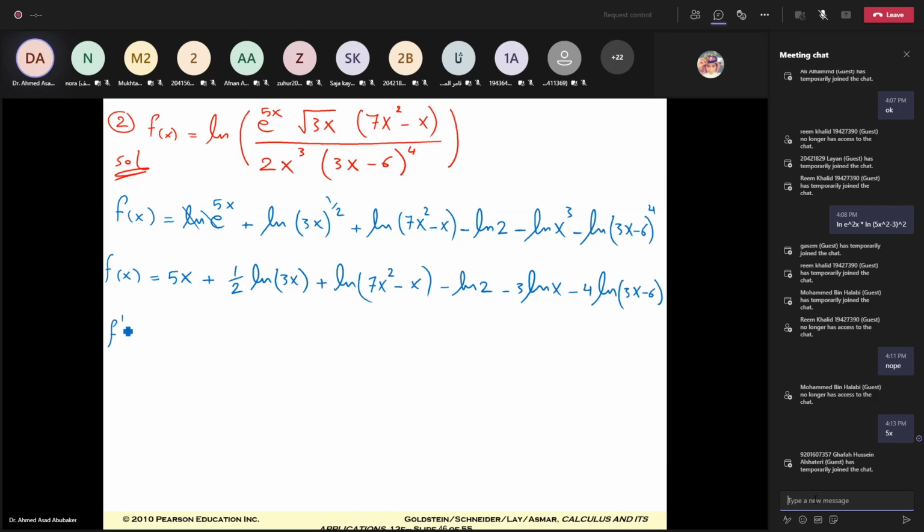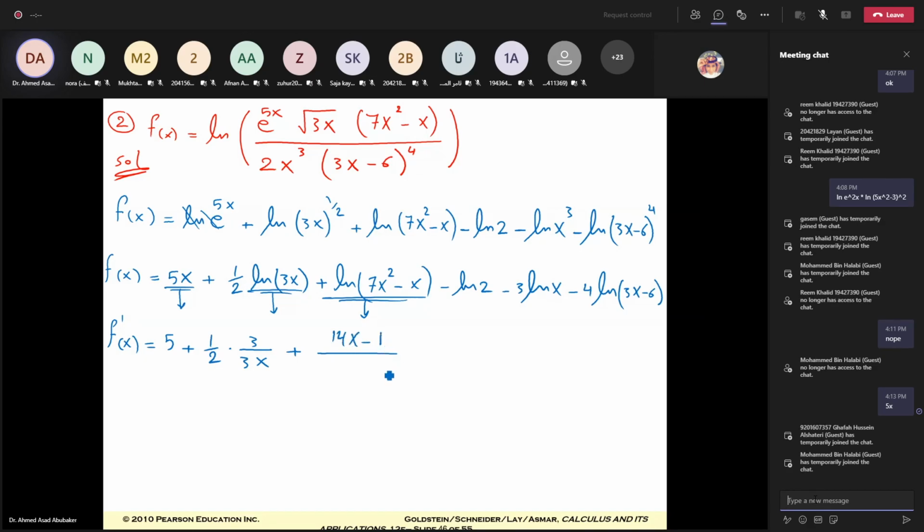Now the first derivative equals the derivative of 5x, which is 5, plus half the derivative of ln 3x, which is 3 over 3x, plus the derivative of ln 7x squared minus x, which is 14x minus 1 over 7x squared minus x.